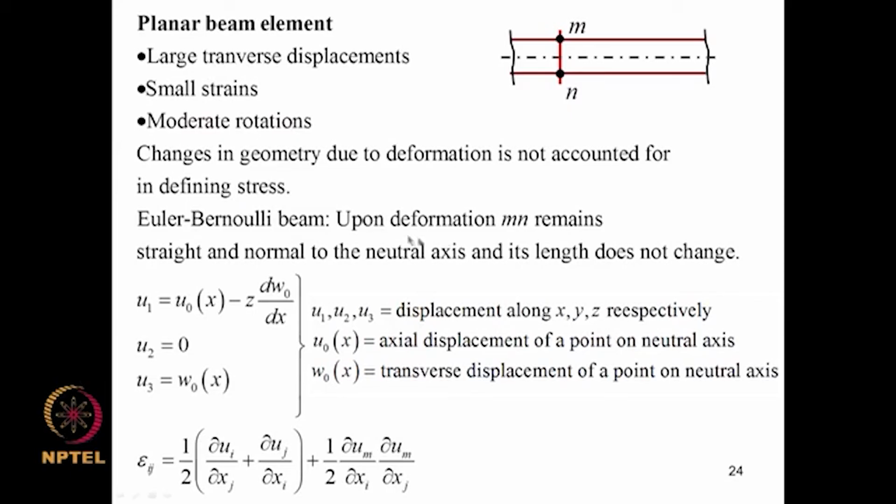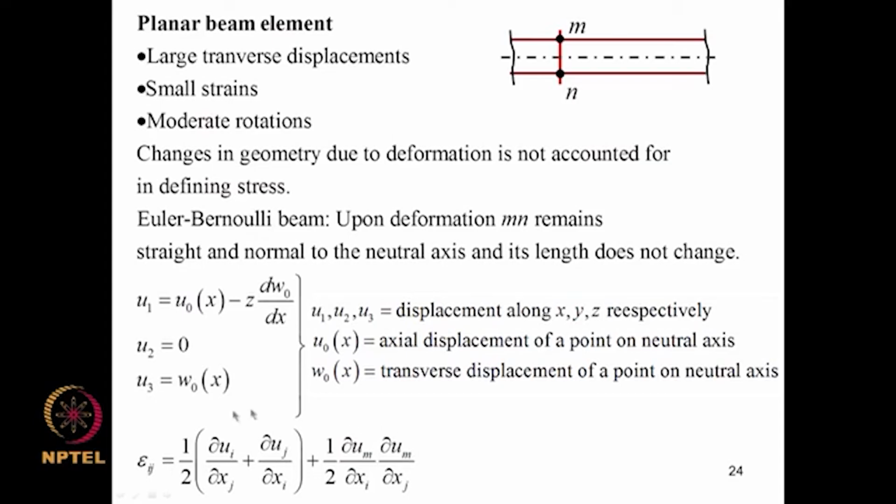For example, if we invoke the Euler-Bernoulli hypothesis that upon deformation the line segment MN remains straight and normal to the neutral axis and its length does not change, we get the displacement field. This we have discussed a few times, where u1, u2, u3 are displacements along x, y, z respectively, and u naught of x and w naught of x are the displacements of the point on the neutral axis.